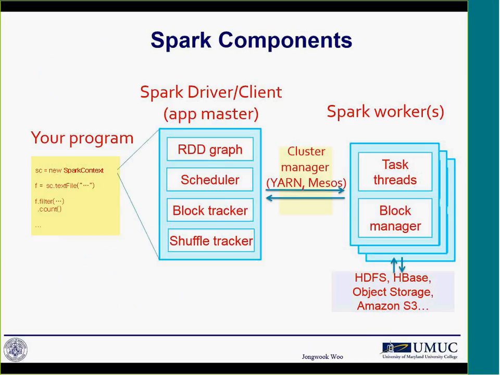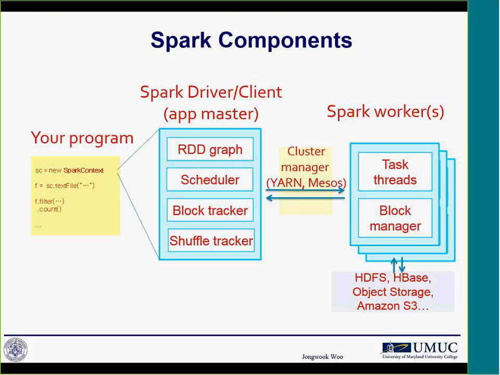So logically, if you have Spark code that belongs to the Spark client, and then you submit that code, the scheduler will generate a logical diagram and assign those jobs to the Spark workers.